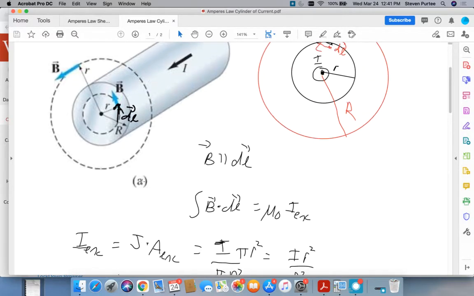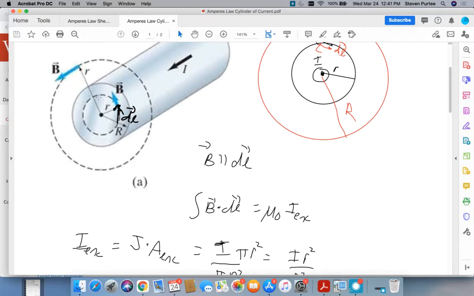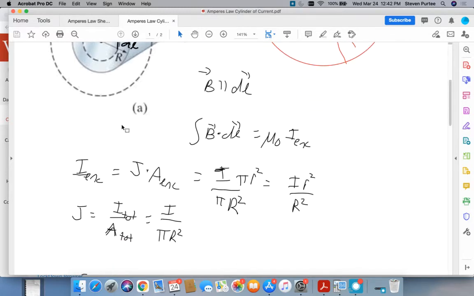What fraction of my total current passes through here? If little r equaled big R, it would be 100%. It would be all of I. If I went halfway out, if little r were half of big R, I would not capture half of the current. I would only capture a fourth of the current. And we'll see why in a minute.